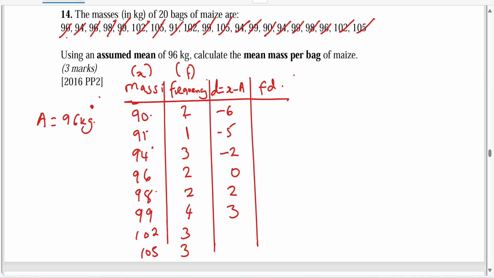And the last one, 105 minus 96, gives you 9.